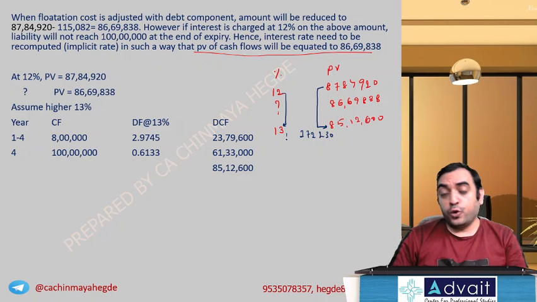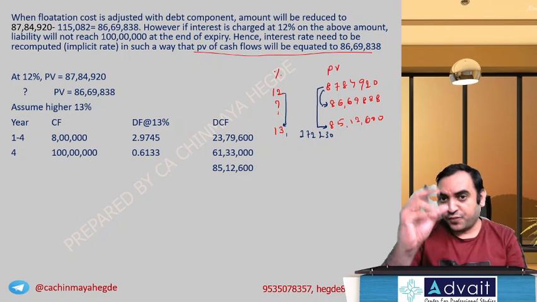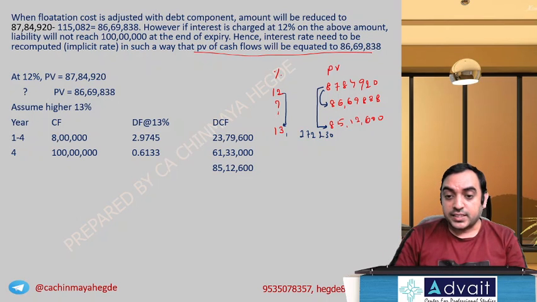But I don't want a full 1% difference. I want to come only till 86 lakhs. That difference only I want: 87,84,920 minus 86,69,838, which is 1,15,082.